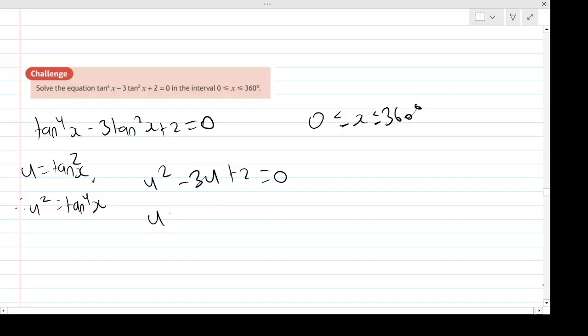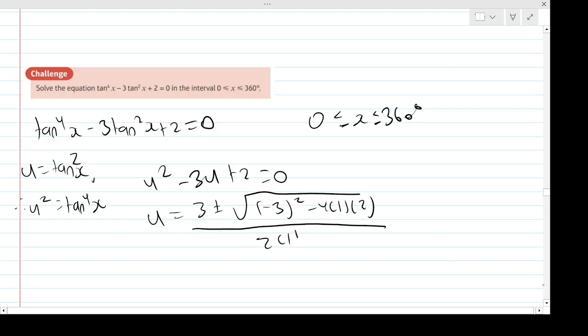So then u would be, by the formula, 3 plus or minus the square root of minus 3 all squared minus 4 lots of 1 lots of 2, over 2 lots of 1, which would get me either u is 2 or u is 1.